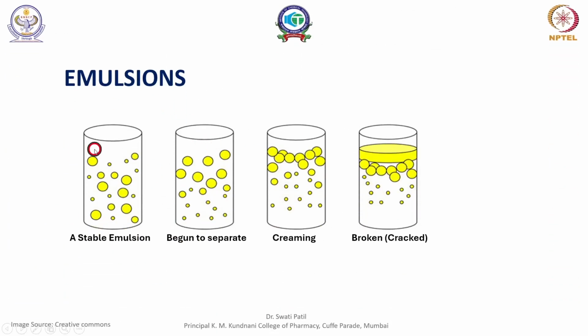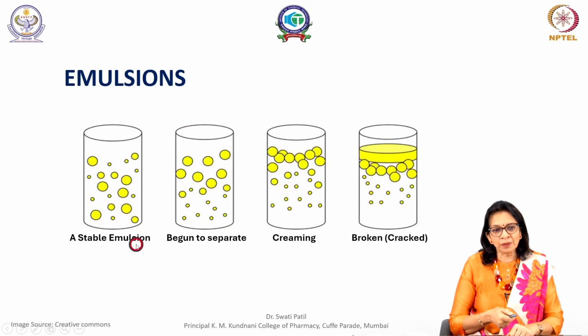This is a stable emulsion. So, even after a long storage of your formulation, this remains dispersed. This can be your oil, any other herbal extract which is oily, or a lipid loving molecule, and this is what you observe when your emulsion starts separating.